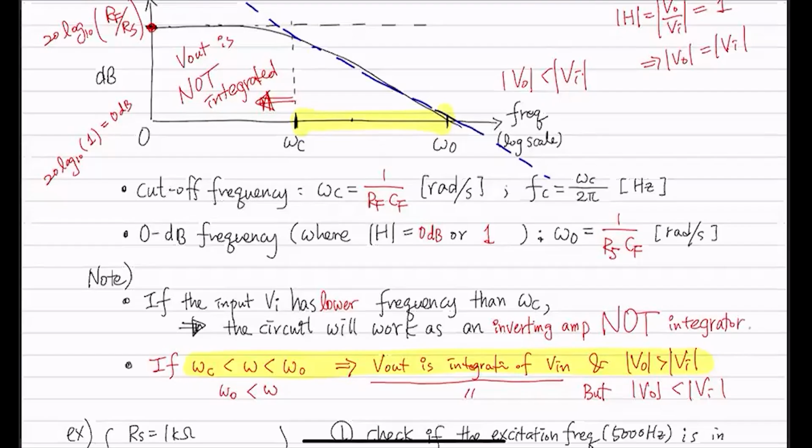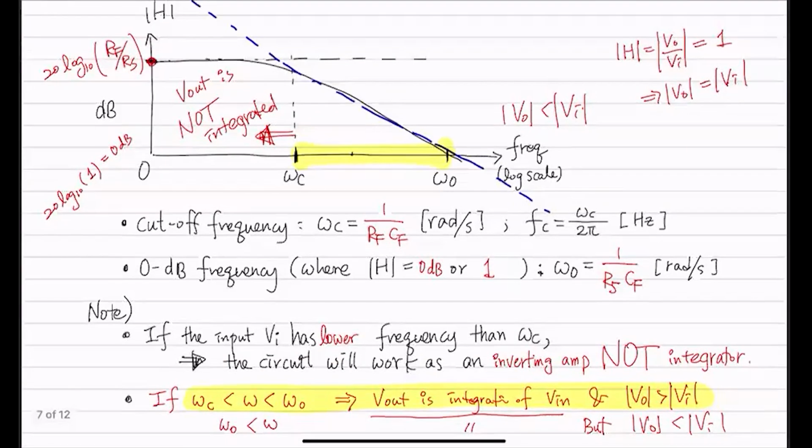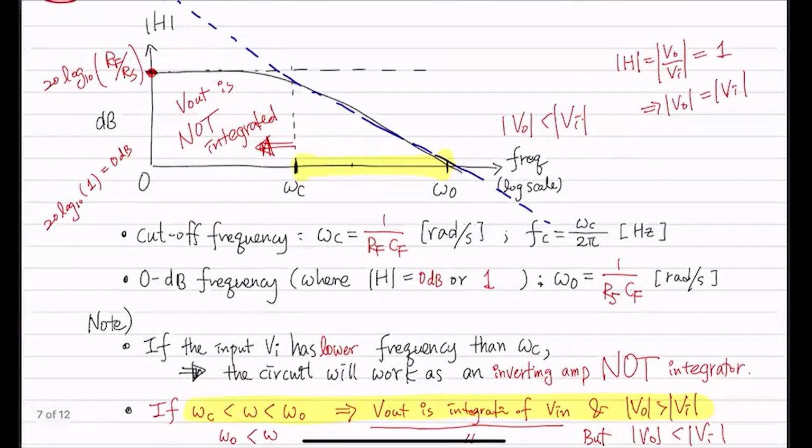So you don't want to use this frequency range to have your signal integrated. And on top of this, more practically speaking, if you have the luxury of choosing the frequency range, I would recommend choosing from here to there.